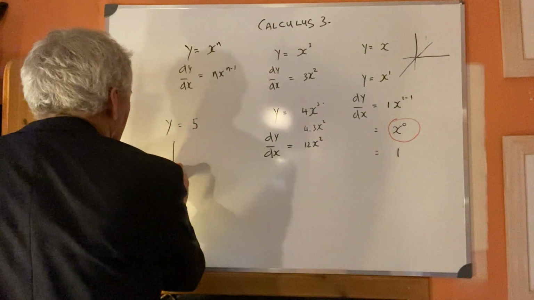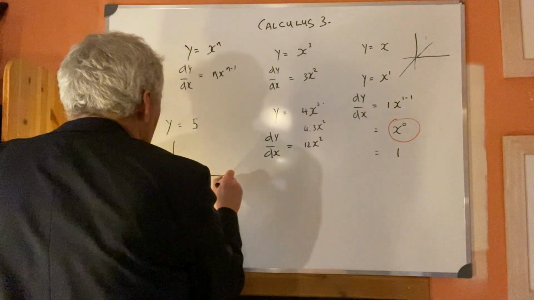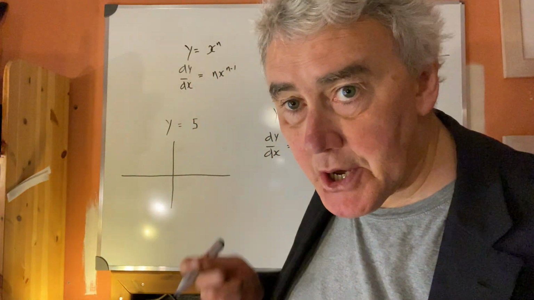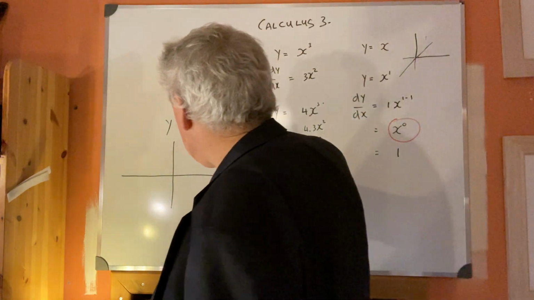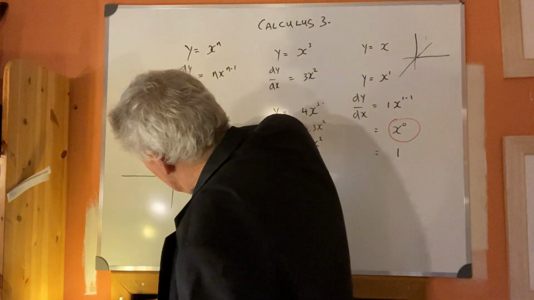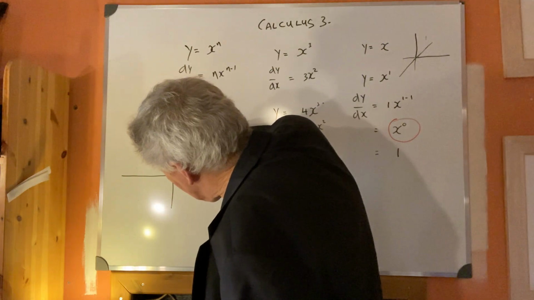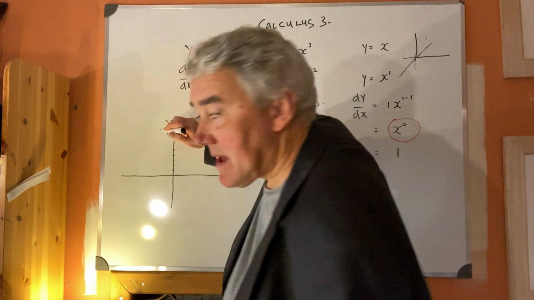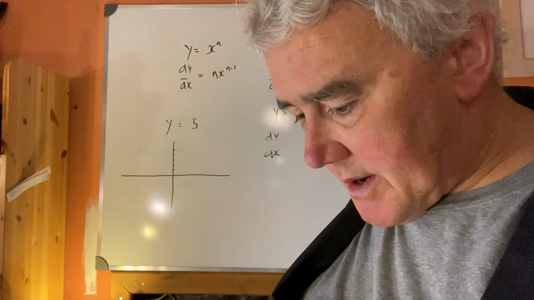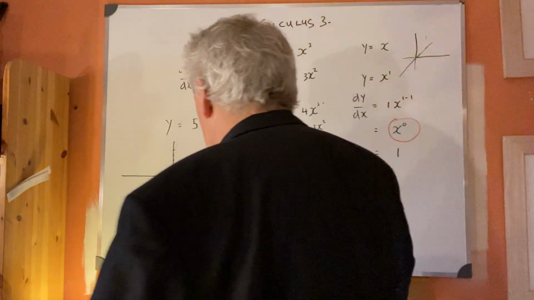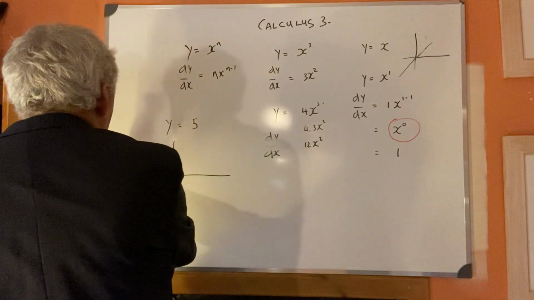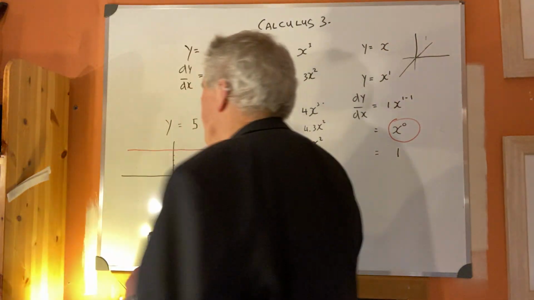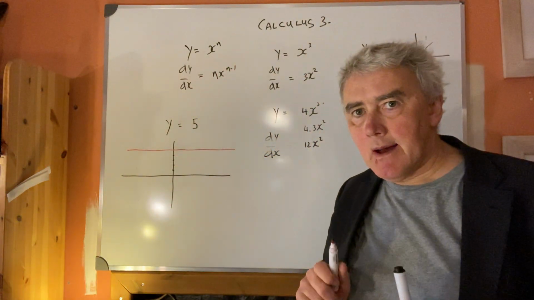I'm just going to draw my x and y axis here on the Cartesian plane. And I'm going to mark up along here on the y-axis the numbers 1, 2, 3, 4, 5. So the line y equal to 5 is this one here, along there like so.